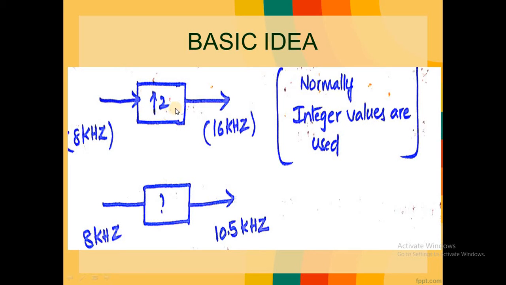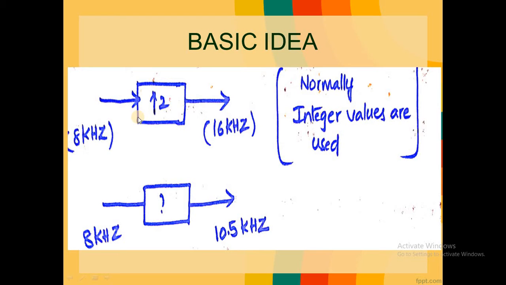Here we give an input of 8 kHz, and we get the output of 16 kHz by inserting an upsampler of factor 2. In case of upsampling or downsampling, we are using only integer values here.